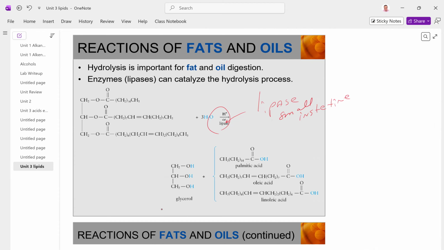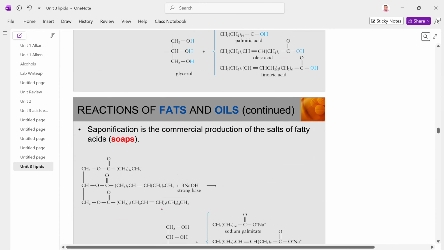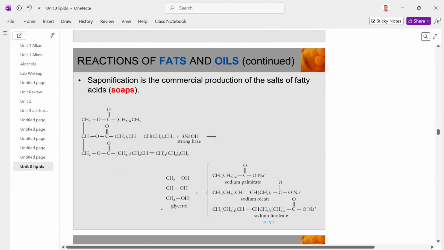Okay, in an acidic environment or in an enzymatic environment, including lipase, at a pH of 7, because that's your small intestine, you produce glycerol and the acids that were used to produce the ester.